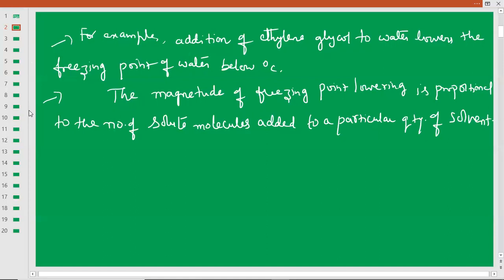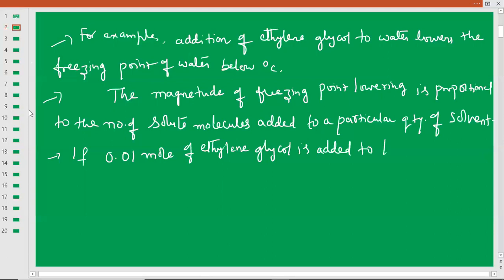So if 0.01 mole of ethylene glycol is added to 1 kilogram of water, then the freezing point is lowered to minus 0.019 degrees Celsius, assumed.